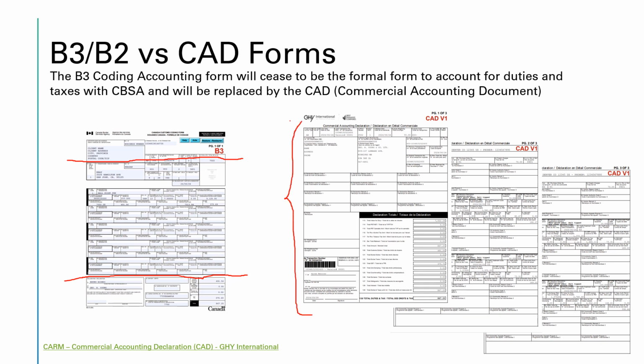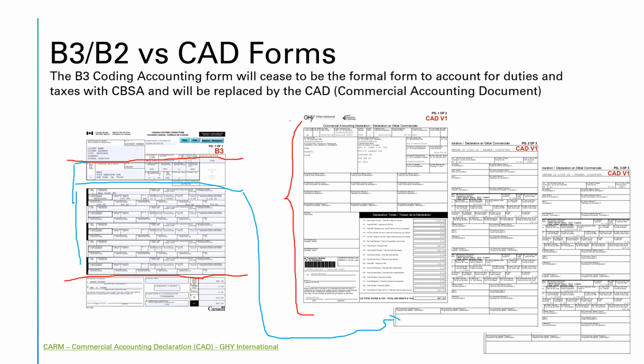That is what they basically did. And then what they call the line, the line of the B3 and the vendor information, both the vendor information and the line information are all located in the second page or third page of the CAD.